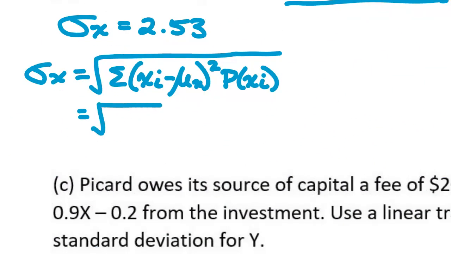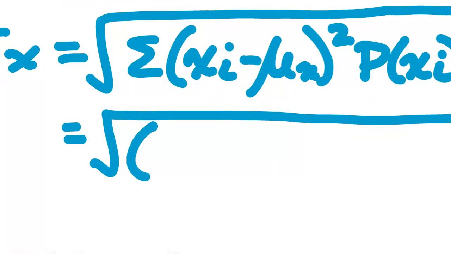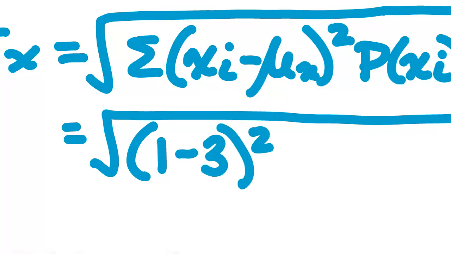is underneath this enormously long square root, I'm going to add a whole bunch of things. I'm going to take my x value, subtract the mean, square it, and multiply it by the probability for that x value.